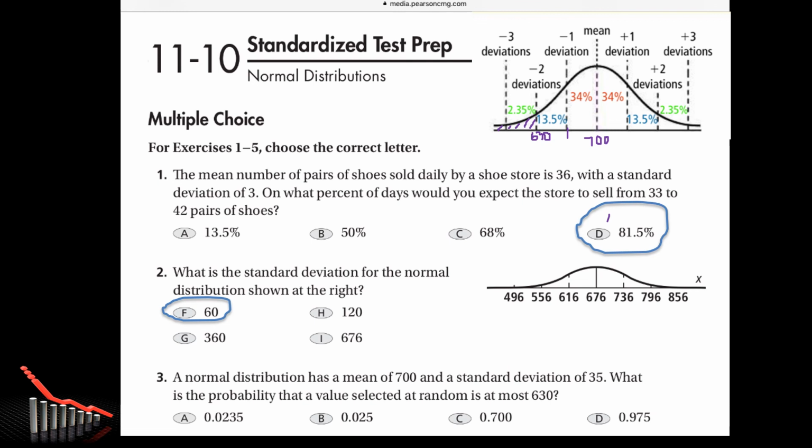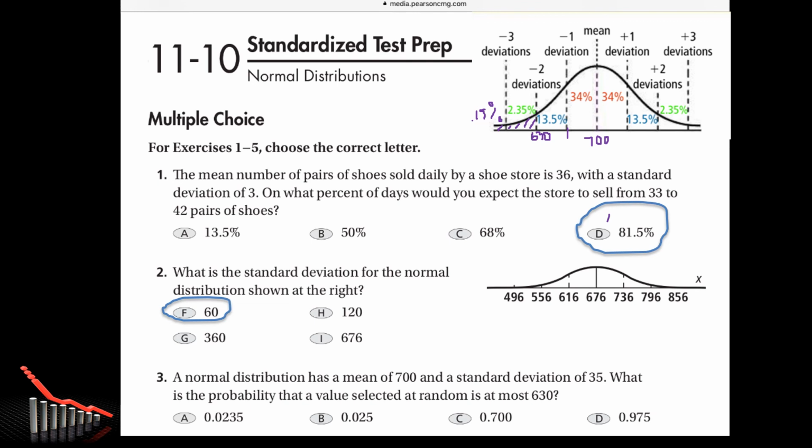So what is that area under the curve? A lot of students will make a mistake and say 0.0235. Almost. Don't forget that there's 0.15% way out on the tail here.